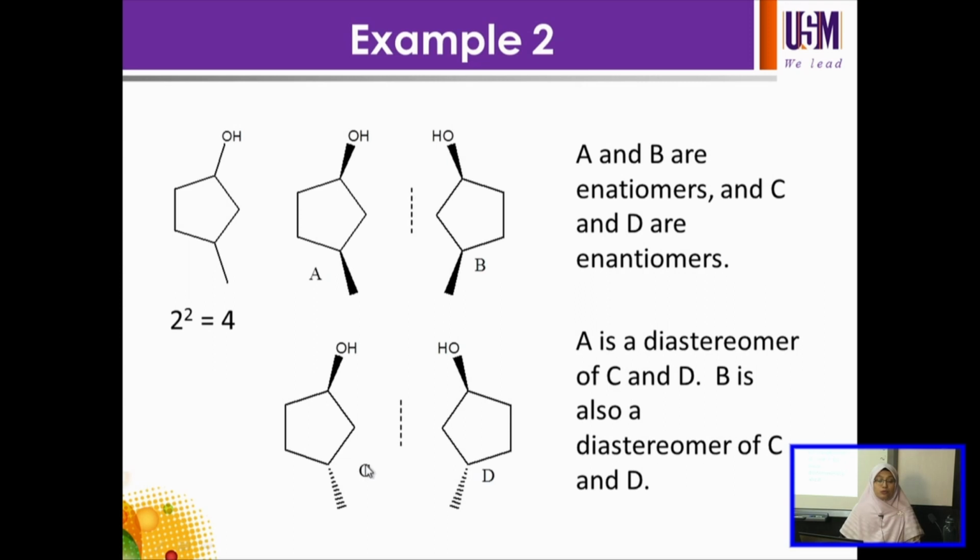The same goes with compound C and D. But for A, one part of its functional groups has a similar configuration with compound C and also D, while for B, it also has a similar configuration with compound C and D.